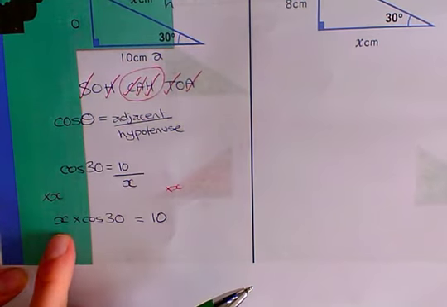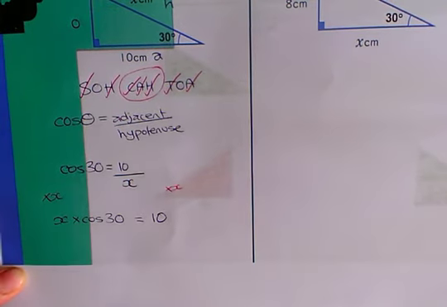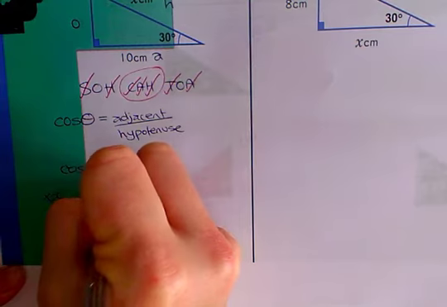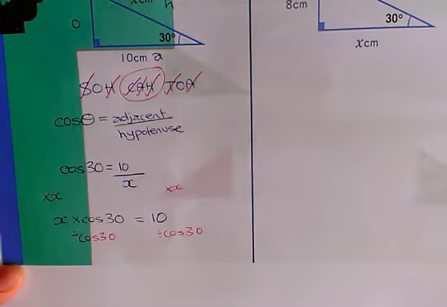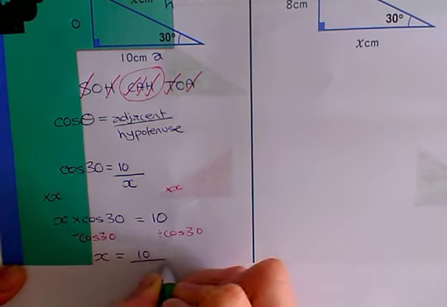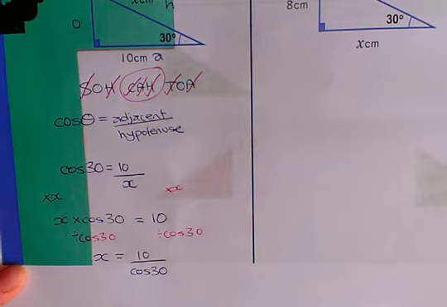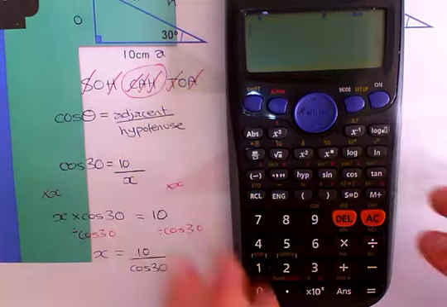Now to get x by itself, the opposite of times by cos 30 is divide by cos 30, so I need to divide both sides by cos 30. And I can say that x is equal to 10 divided by cos 30. And now this is what I'm going to type into my calculator. So get your calculator here.